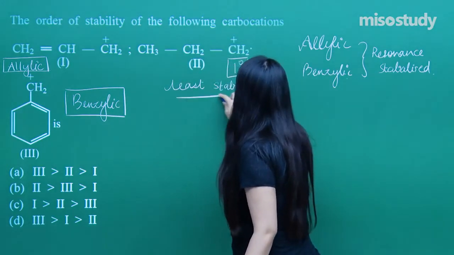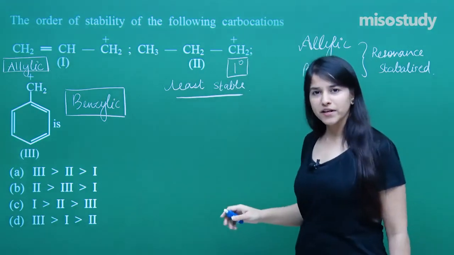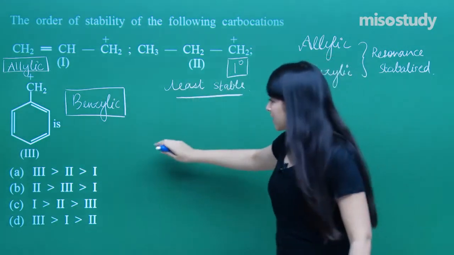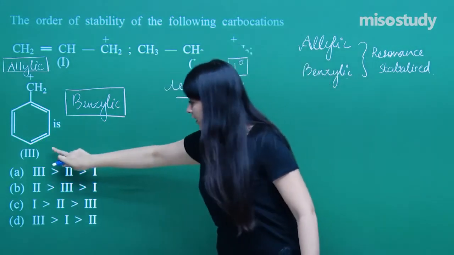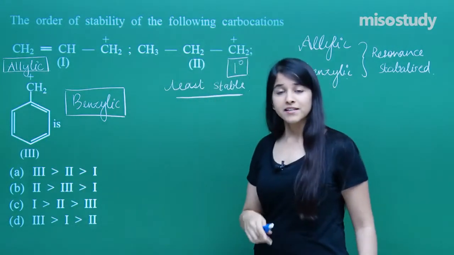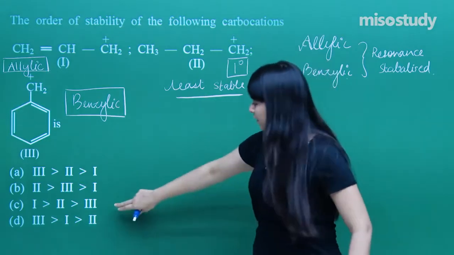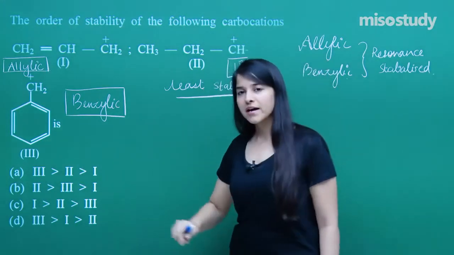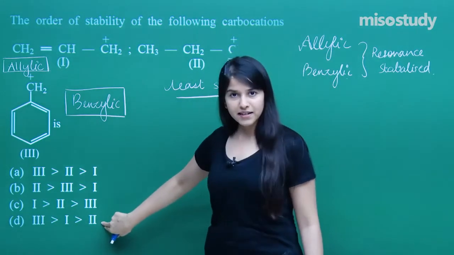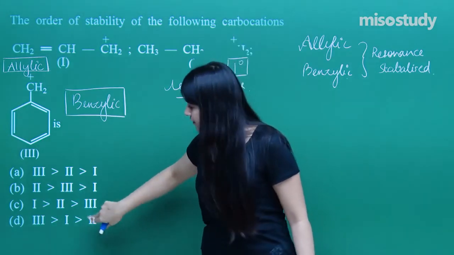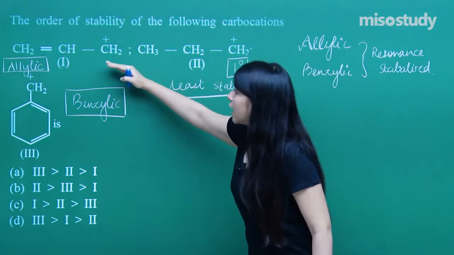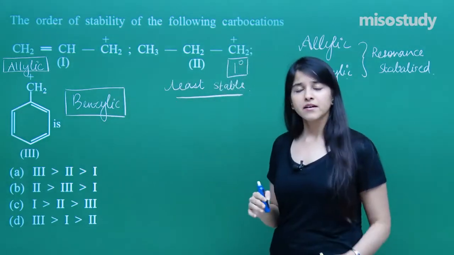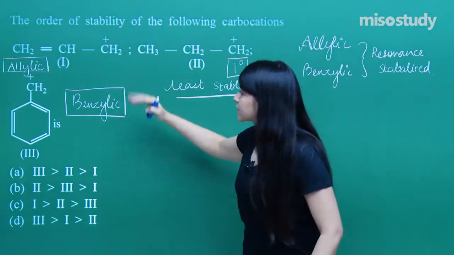I hope you all are able to recognize this type of carbocations. Now I have got the second one as the least. Out of the 4 options, there is only one that has the second as the least, so the answer would be D. But let us discuss out of allylic and benzylic, which one is the most stable.